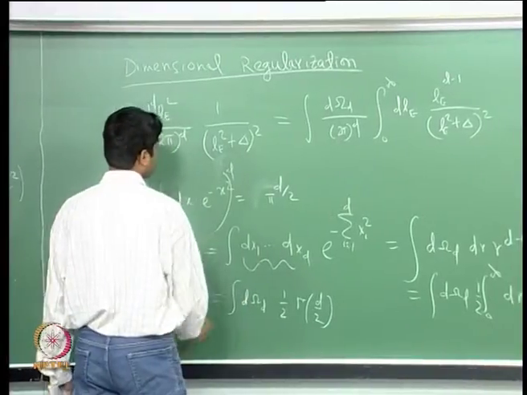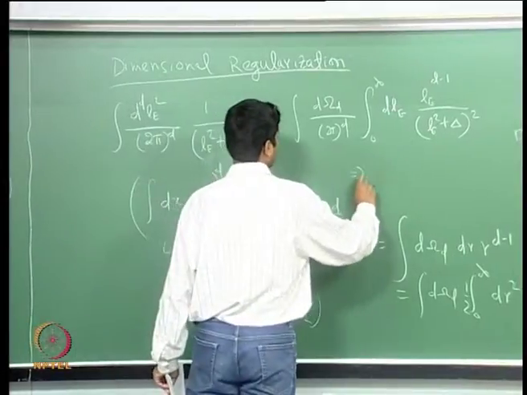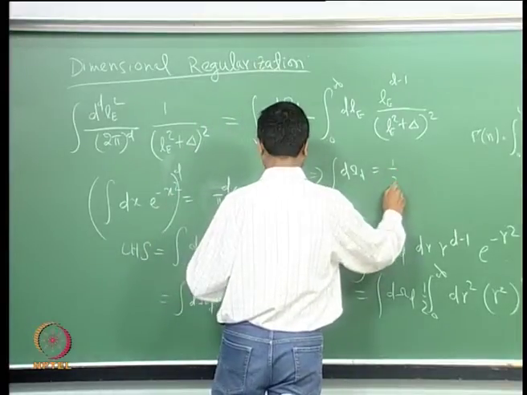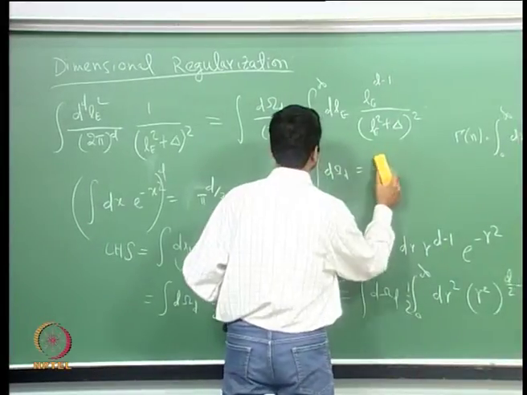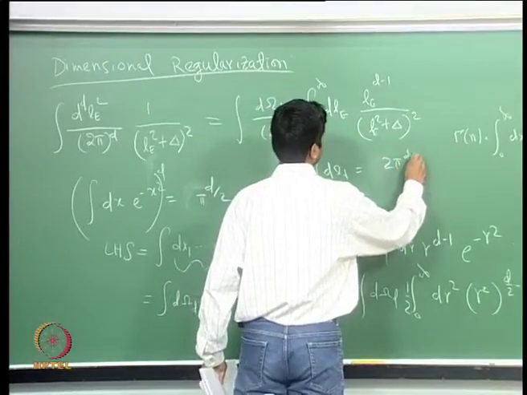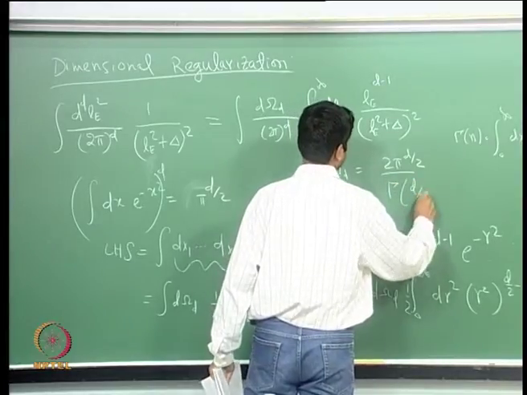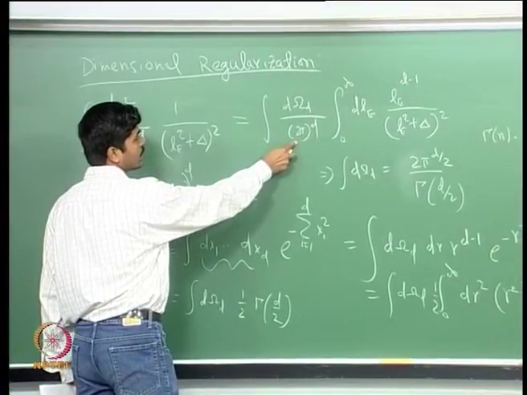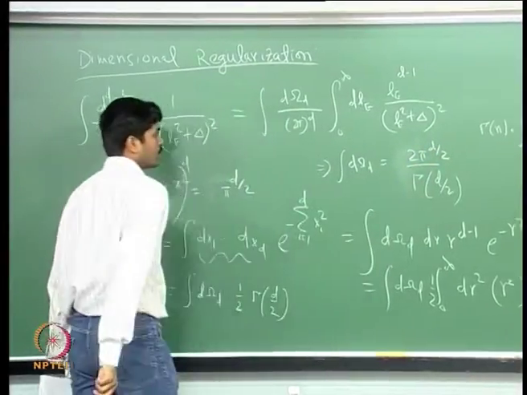This simply implies that the angular integration is given by, sorry, this half will become 2, pi to the power d by 2 divided by gamma d by 2. So the first part we have already evaluated, and this simply gives me 2 pi to the power d by 2 divided by gamma d by 2.